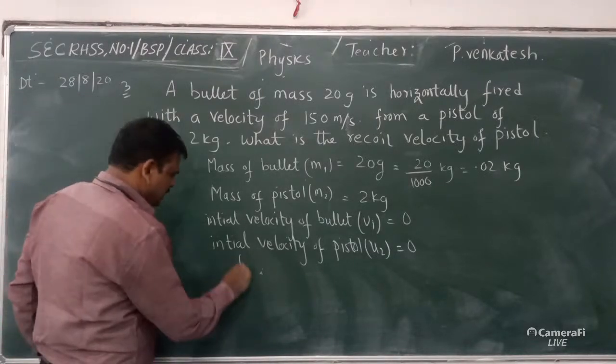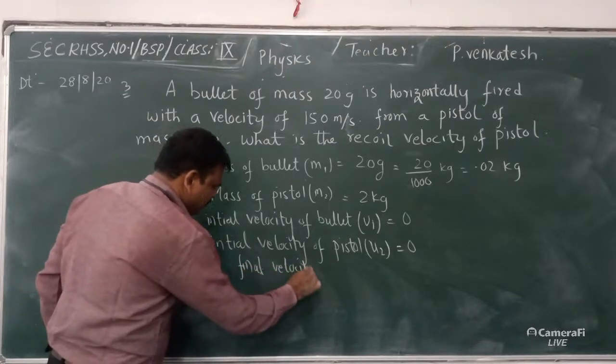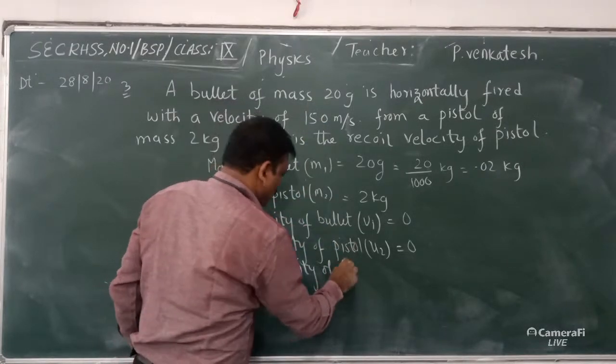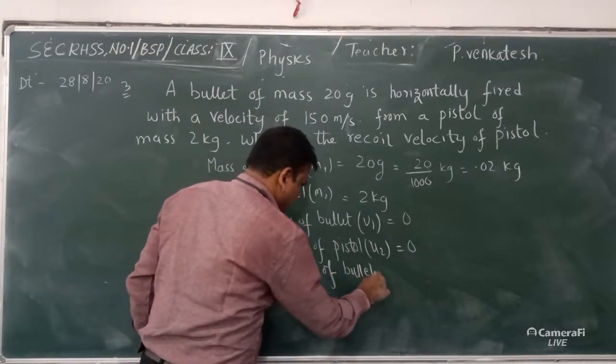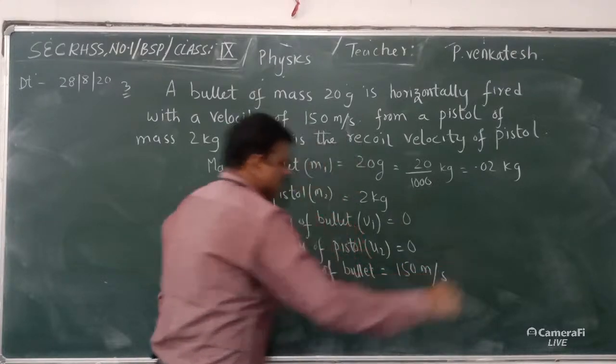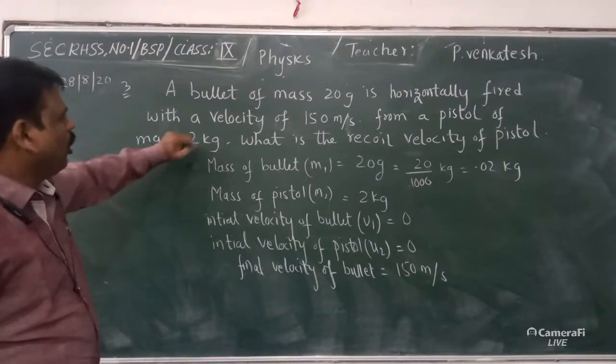That is the final velocity of the bullet, equal to 150 meters per second. Then you have to find the recoil velocity.